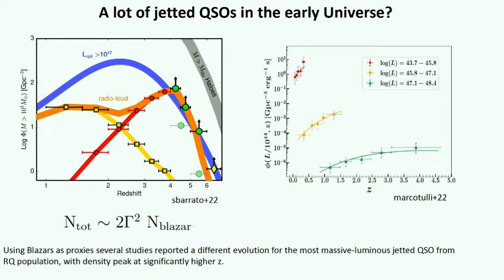They use basically the equation I presented in the previous slide. So basically, starting from the blazar density function, they multiply it by the beaming factor, the Lorentz factor here.